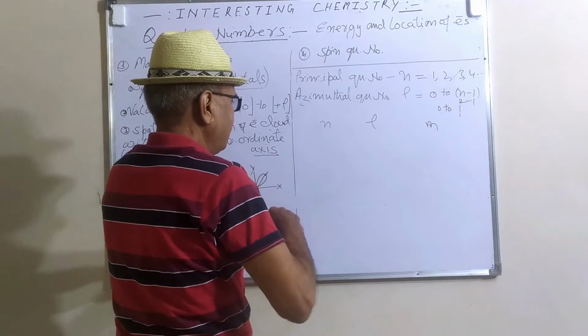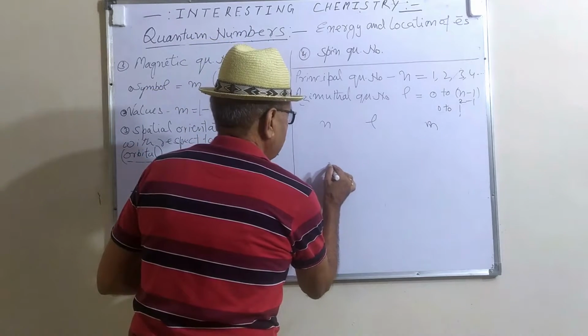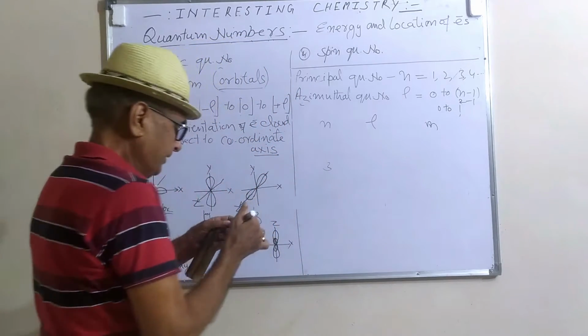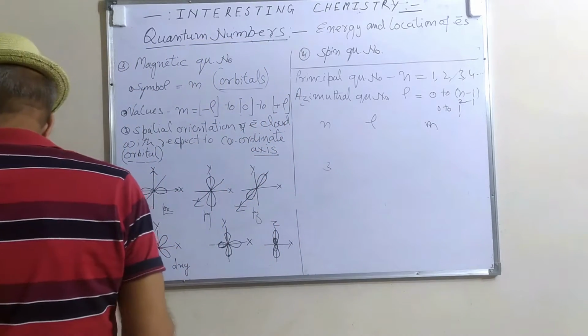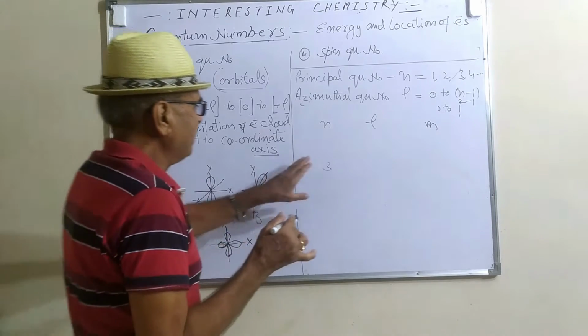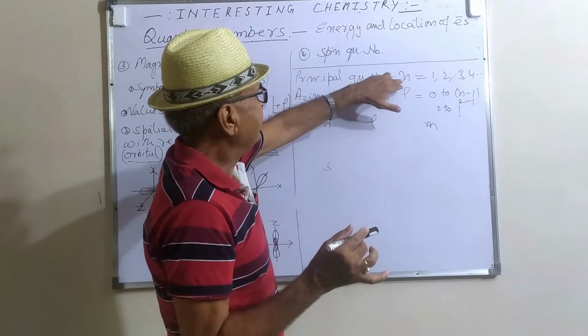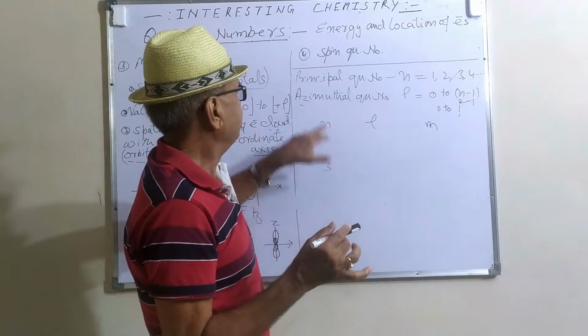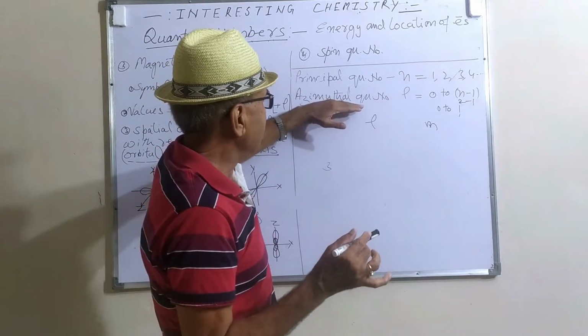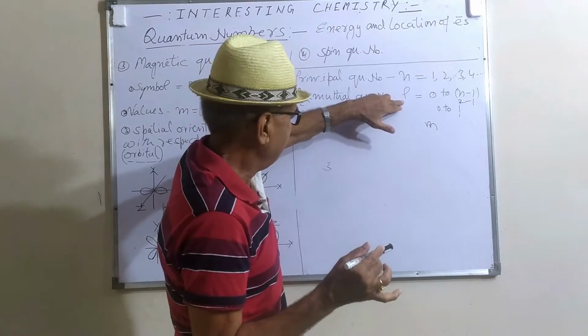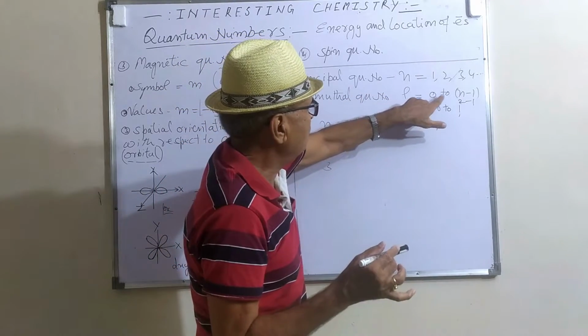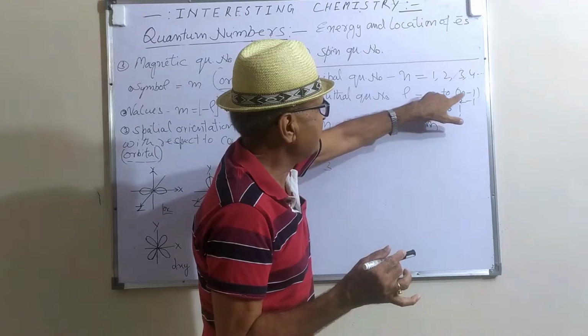For the third quantum number, how will you find the value of L? Here n is equal to 3. To find the value of the azimuthal quantum number L, you put 0 to n minus 1.